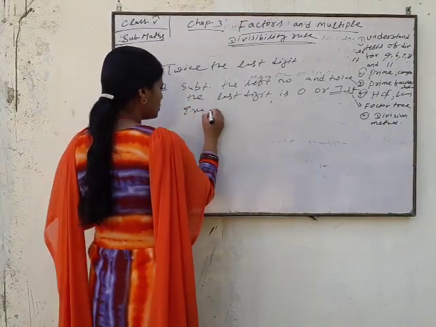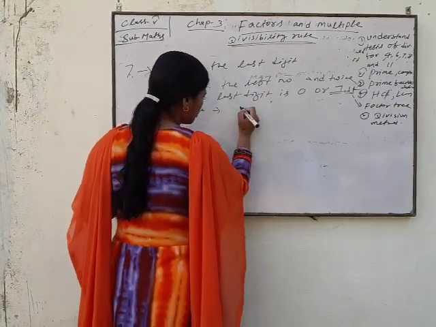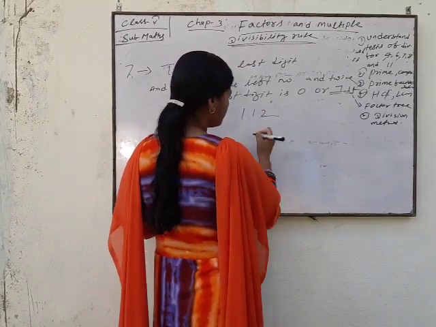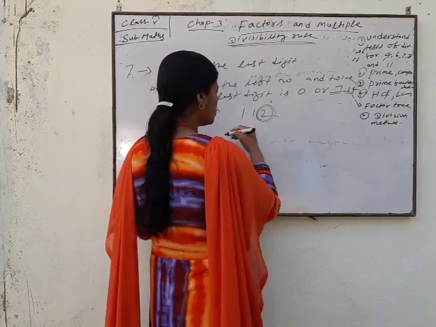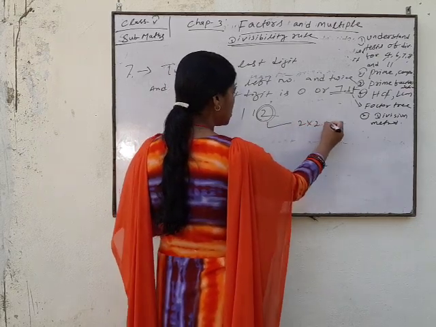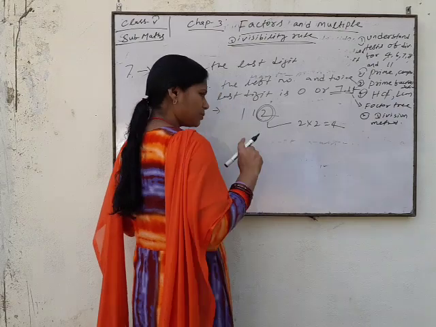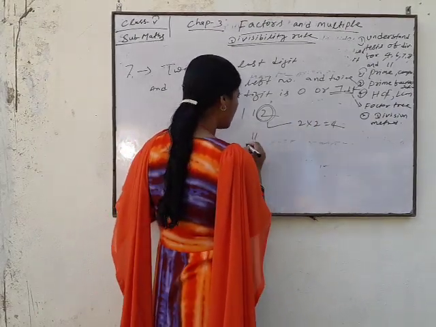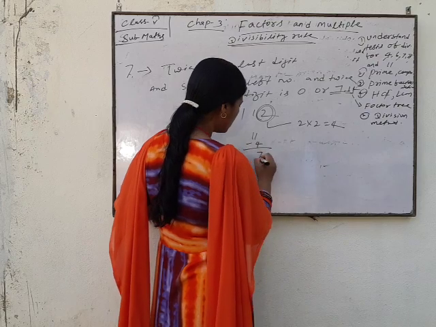One example, suppose that your number is 112. Your last digit is 2. Twice the last digit means 2 into 2, 4. Now subtract it from the left number: 11 minus 4 is 7.